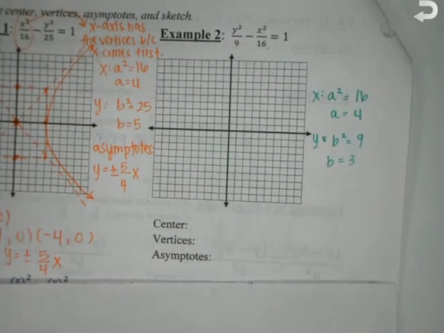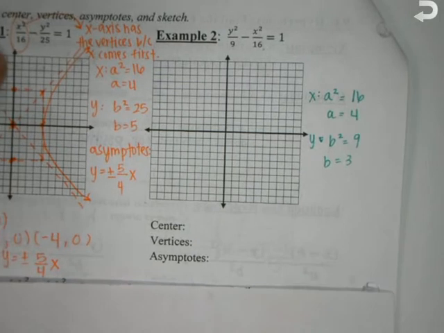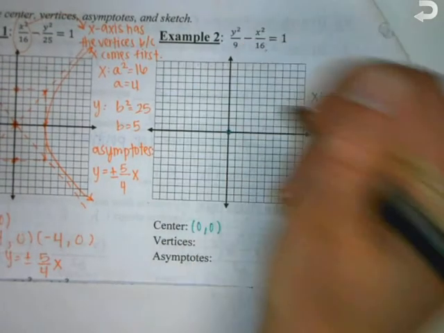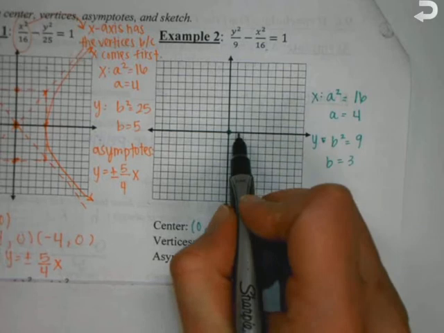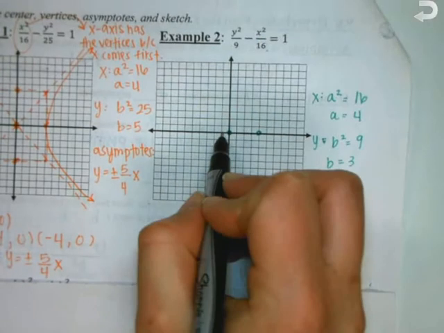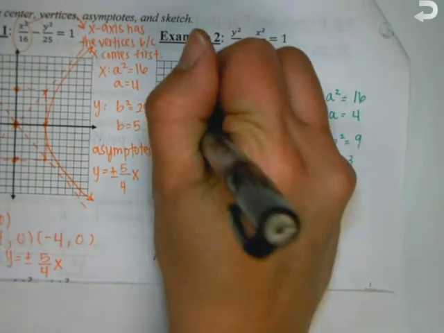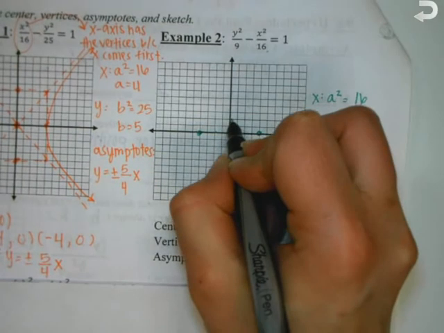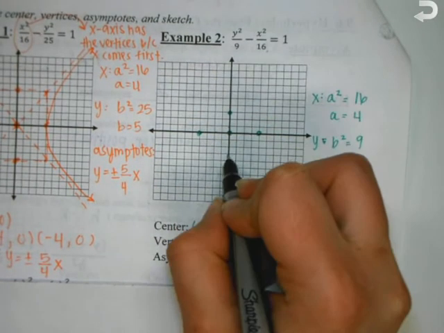A is 4, so I'm going to go right, 1, 2, 3, 4. Left, 1, 2, 3, 4. B is 3, so that's up 3 and down 3. 1, 2, 3. Okay, I can draw the box right now, right? So let's draw that box.